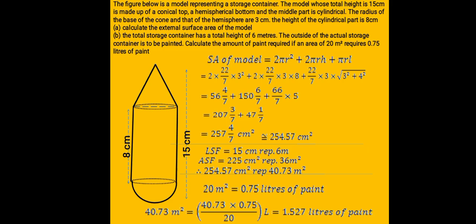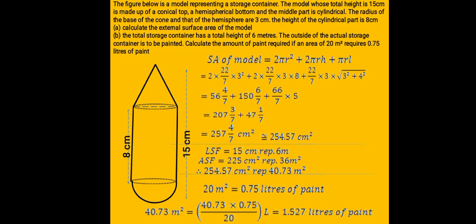Let's approximate it to the nearest whole number. It is 255 centimeter squared, representing 36 meter squared.